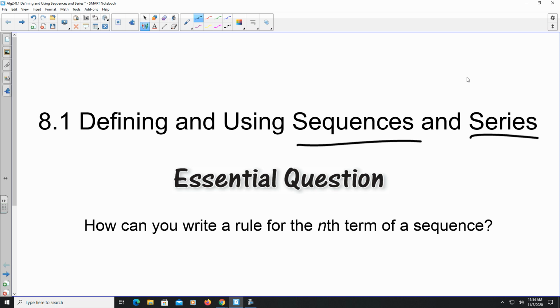If you look at the definition, a sequence is an ordered list of numbers. These lists could involve addition, subtraction, multiplication, and division.